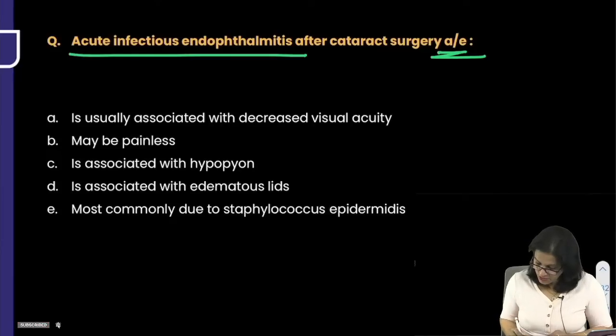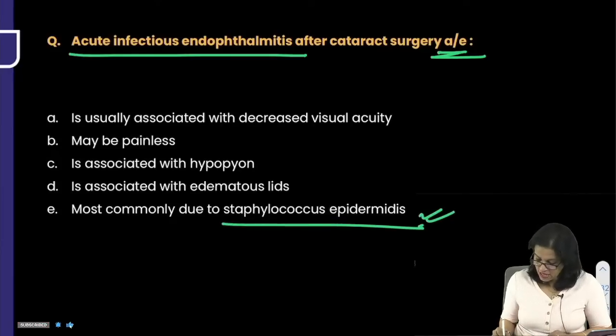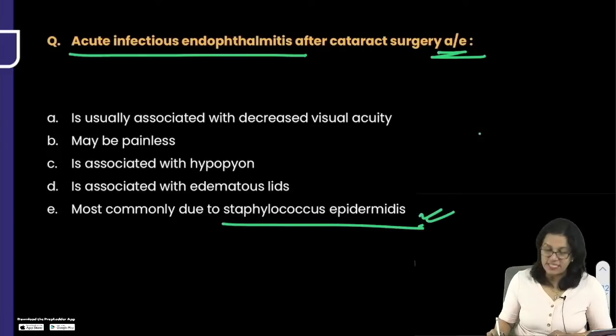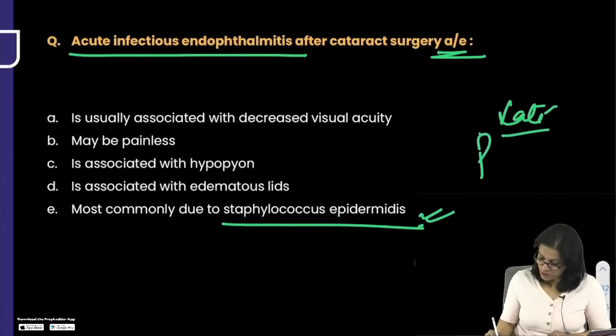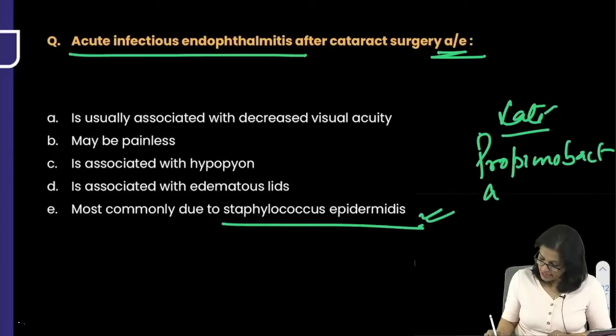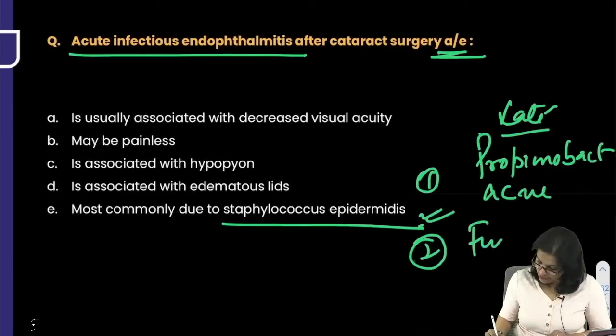Most commonly it is due to, yes, this is correct. Early onset it is Staph epidermidis, and what is the late onset cause for endophthalmitis? I hope you know. We will learn Propionibacterium acnes, right? And if this option is not given, the next option will be fungal. So you should know this.